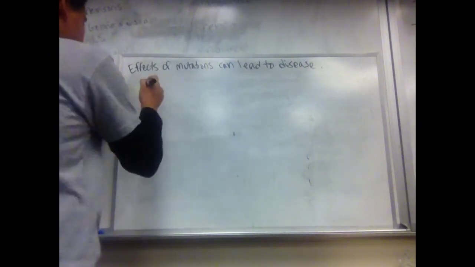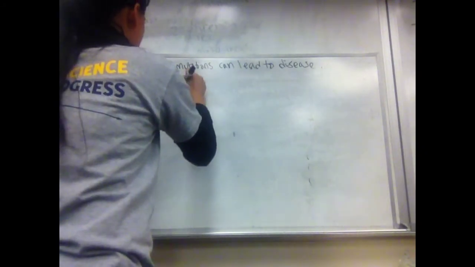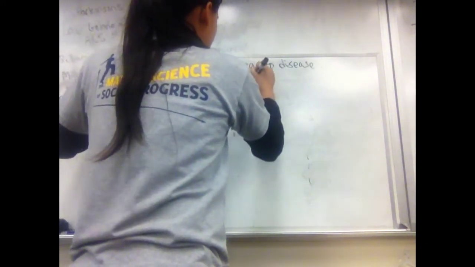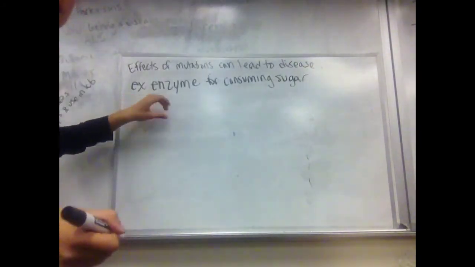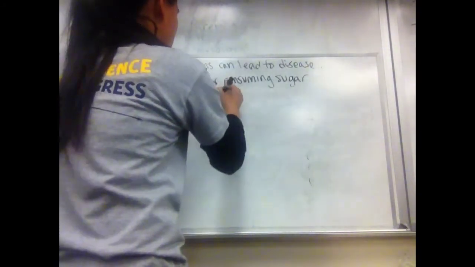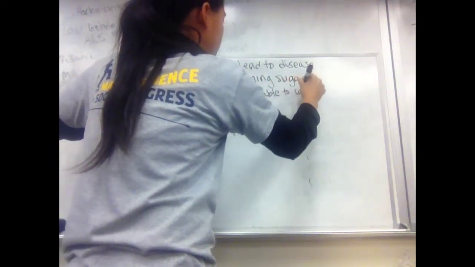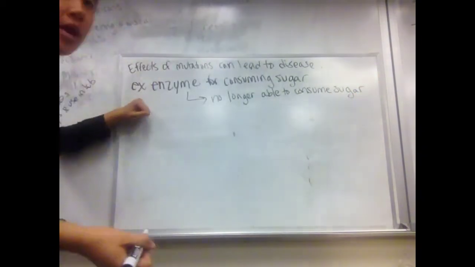For example, if you normally needed an enzyme, think about an enzyme. Remember, they can build or break. If you have an enzyme for consuming sugar, and you don't have this enzyme for consuming sugar, you are now no longer able to consume sugar. We talked a little bit about albinism.